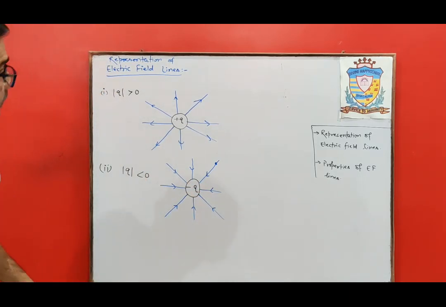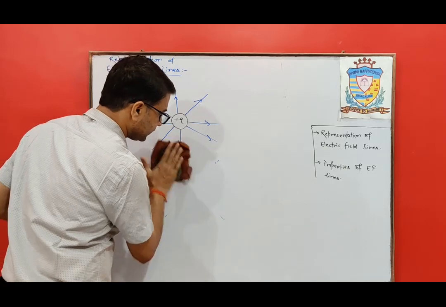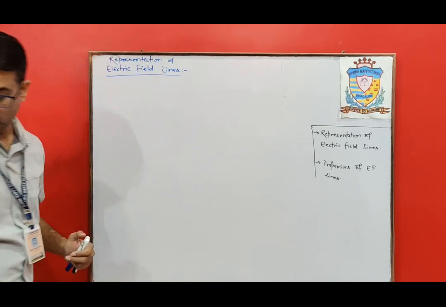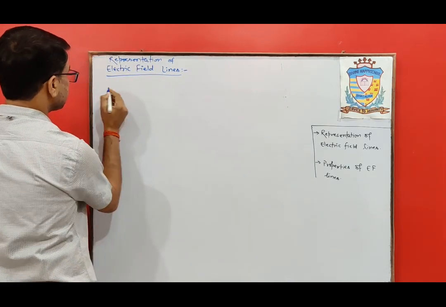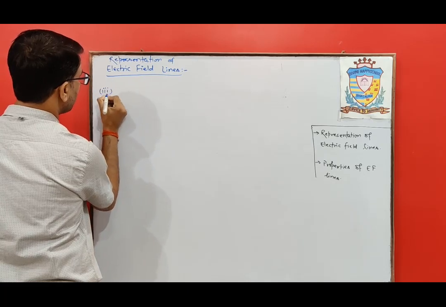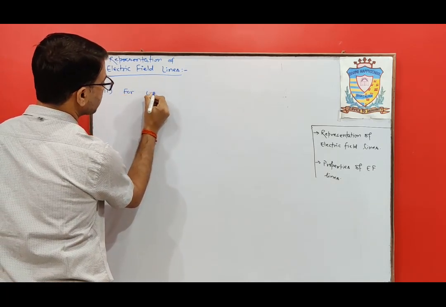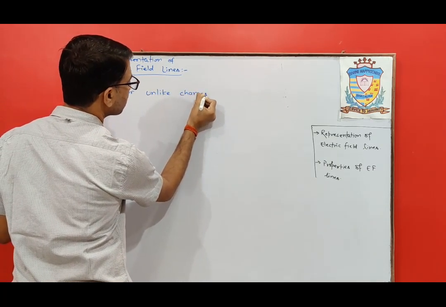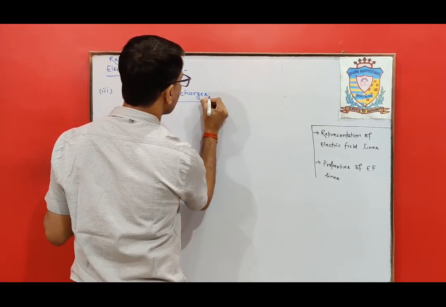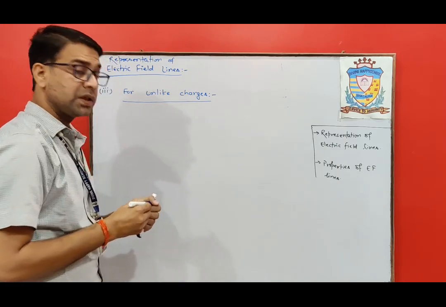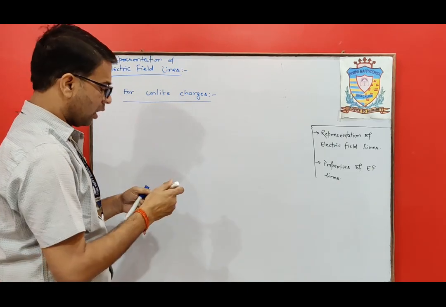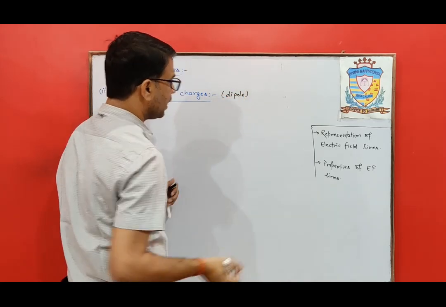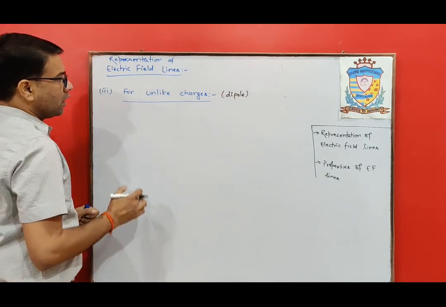Clear? Next is third case, that is for unlike charges. That means we will take one charge as positive and another as negative. This is also known as a case of dipole. We will discuss in the next video what is dipole.